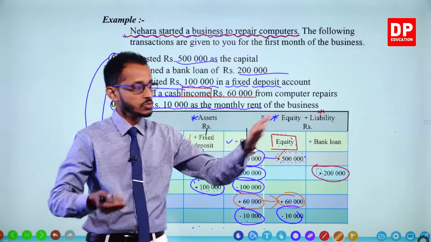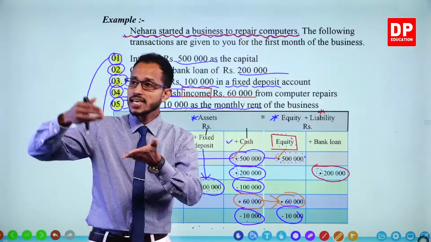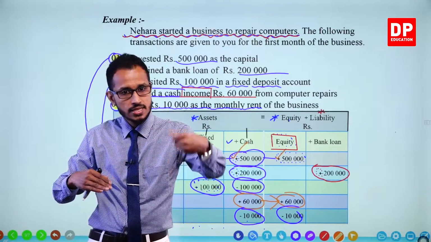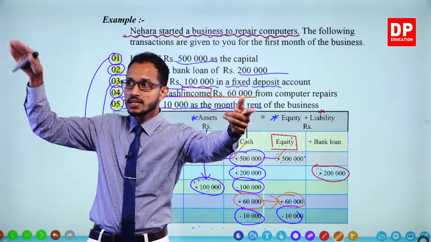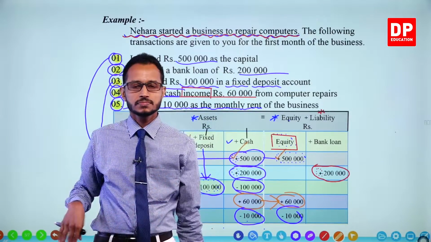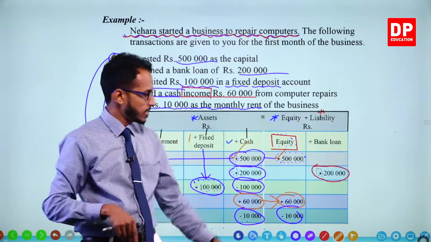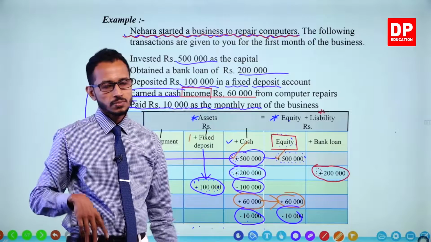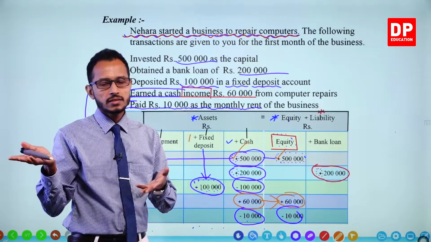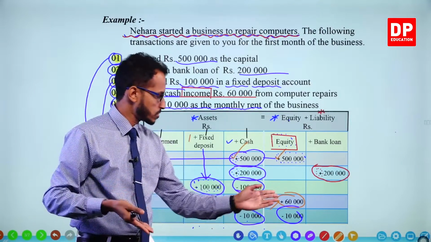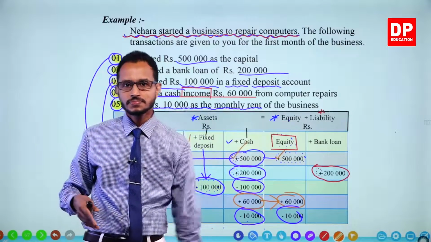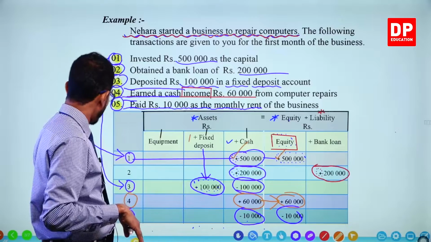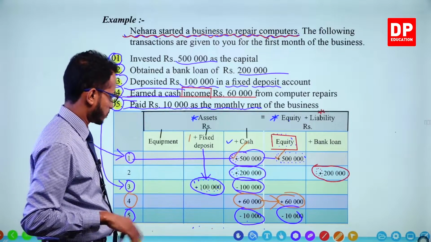If incomes increase profits, expenses decrease profit. That's why it decreases equity. Something that the owner should get is decreased because it is spent. Clear? Fifth transaction, it's an expense.